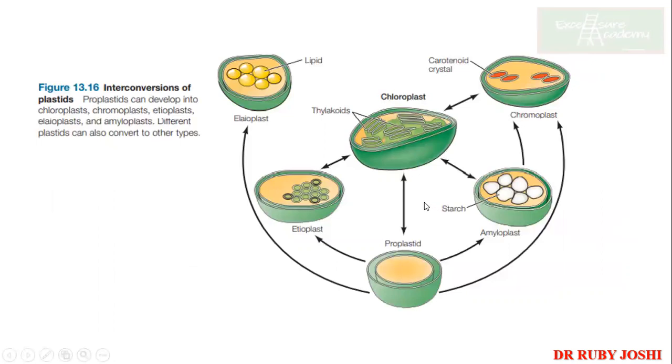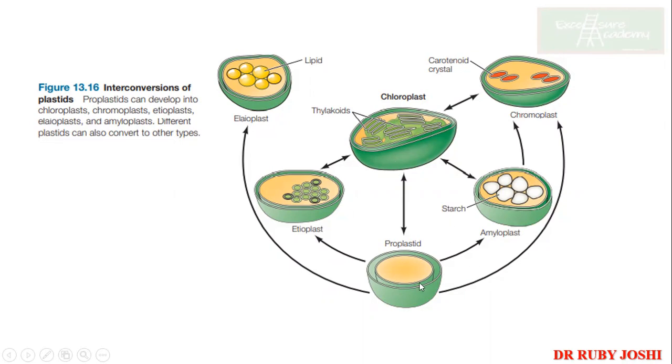This is how the interconversion is happening. It is not that once a chloroplast is formed it stays that way. They do interconvert depending on the requirement. Suppose it is an amyloplast, with starch granules. Depending on the requirement, it can get converted to a chromoplast. A chromoplast can be converted into a chloroplast and vice versa.